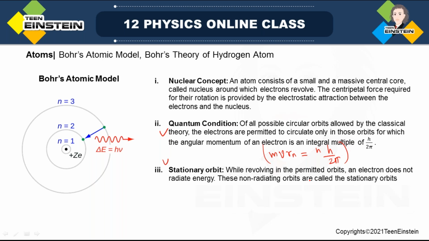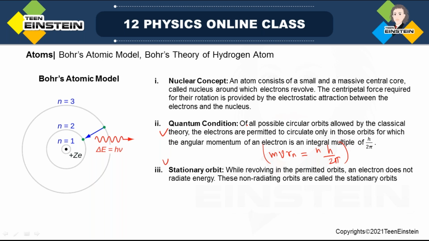See, if electrons revolve around the nucleus, they have to radiate energy, because an accelerated charged particle will definitely radiate energy and then fall into the nucleus gradually. But Bohr's quantum condition states that there are certain orbits.